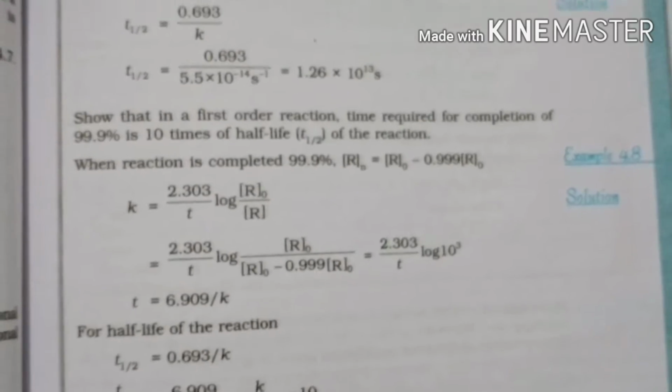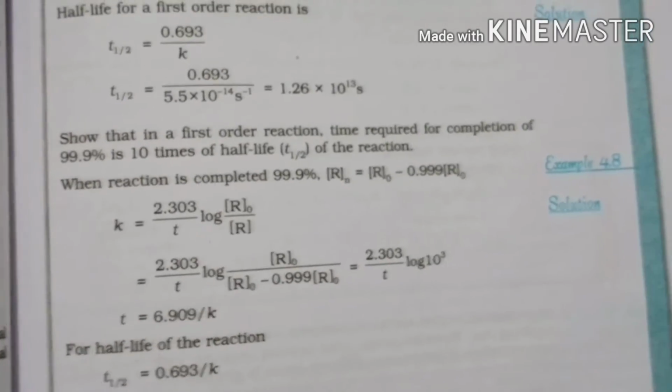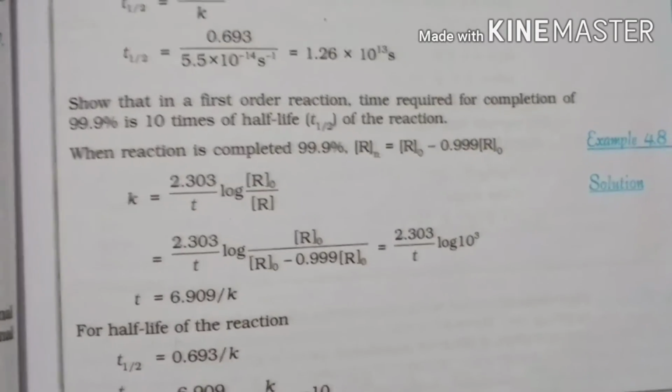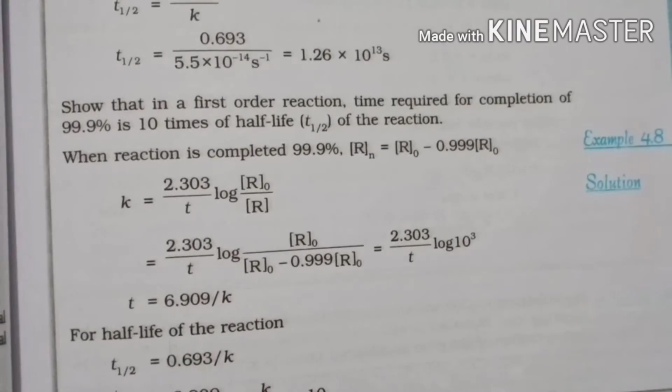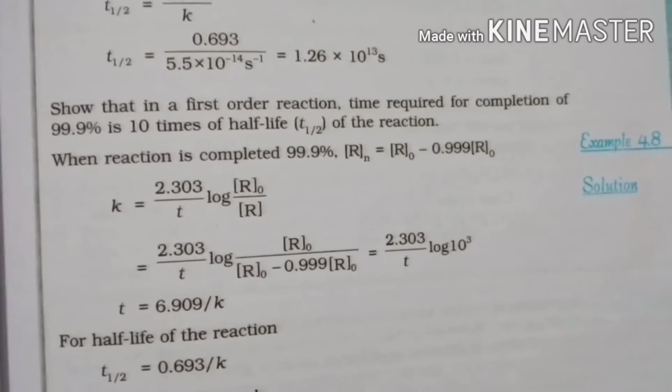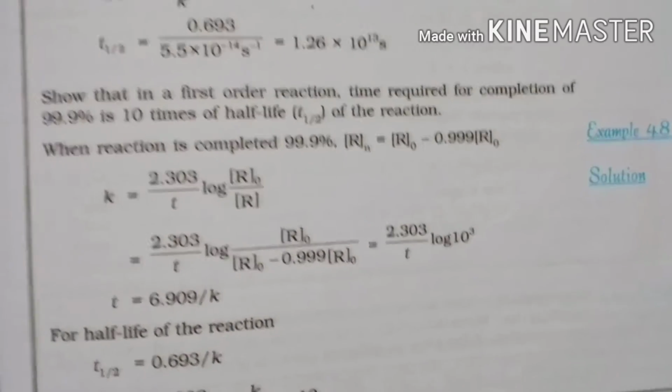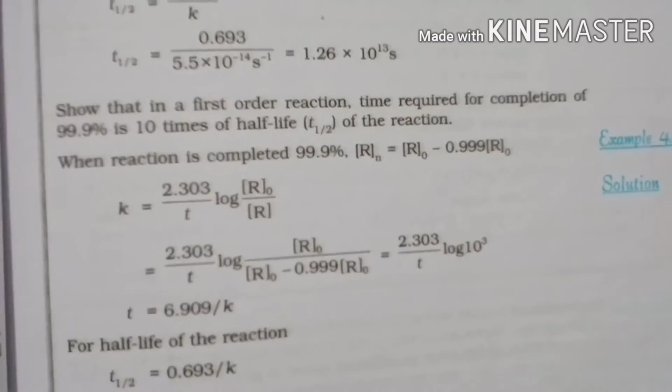In the first order reaction, the time required for the completion of 99.9% is 10 times the half-life, T half of the reaction. Now let us see the answer.